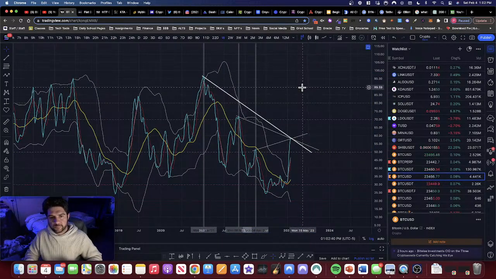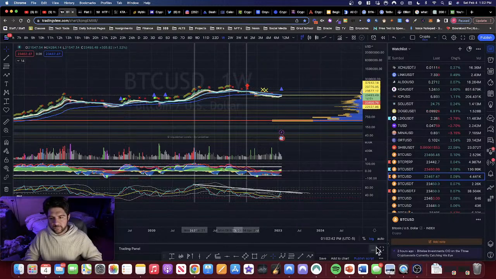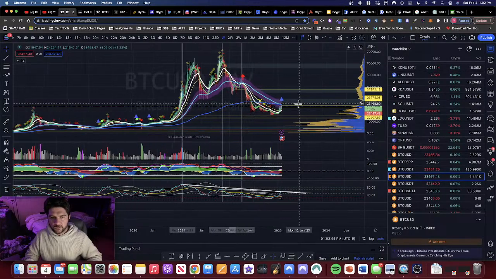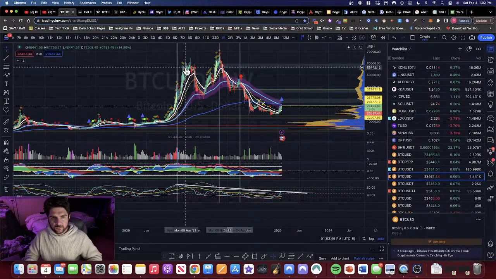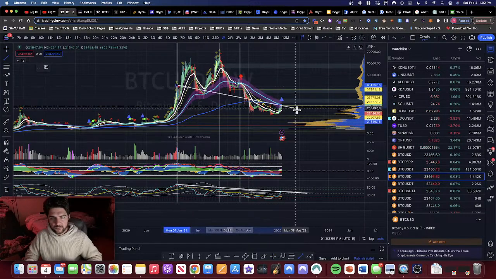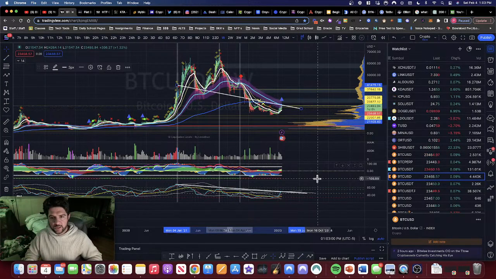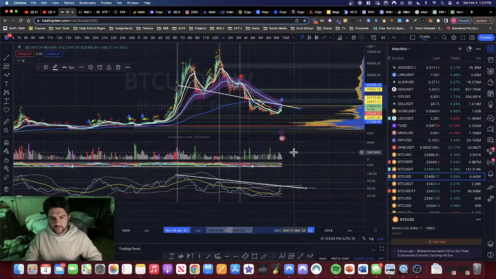Go back to auto. So this is interesting because your RSI peaked over here, and from this peak, you're still below. Now those kind of line up, don't they?